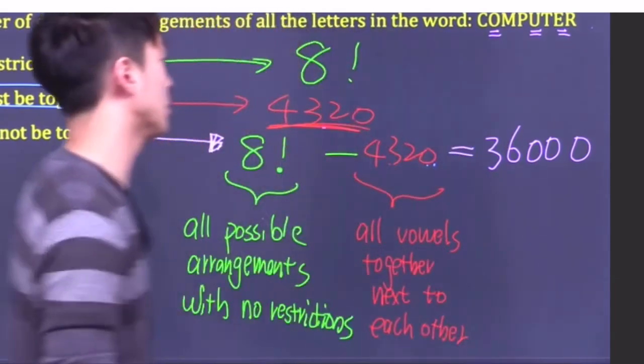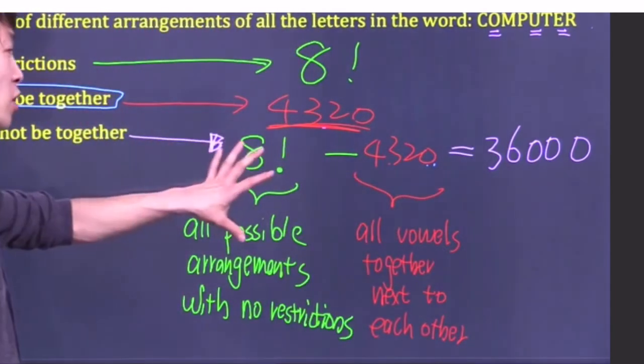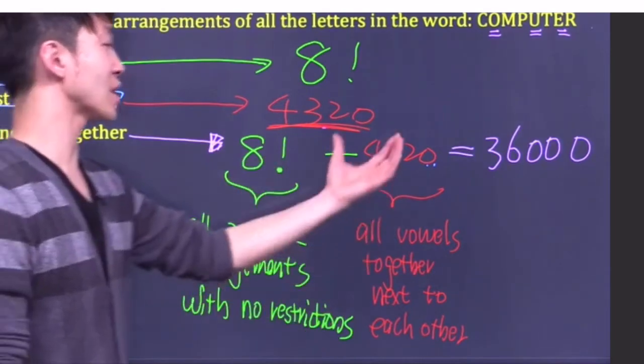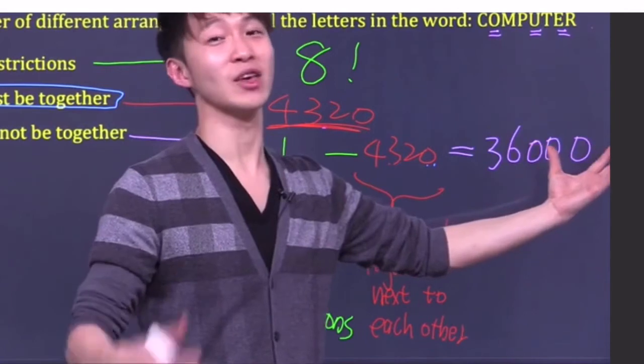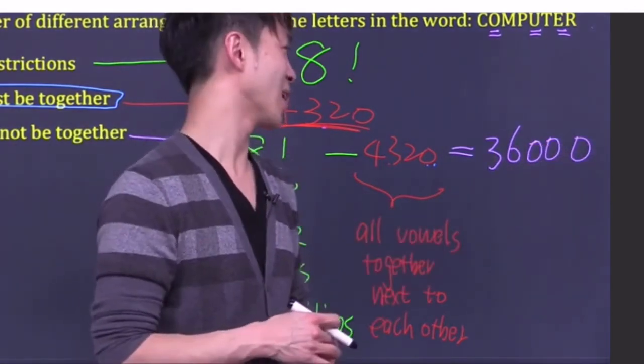So all possible minus the cases that you don't want equals the cases that you want.